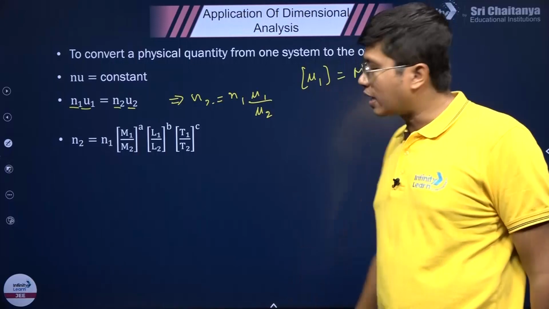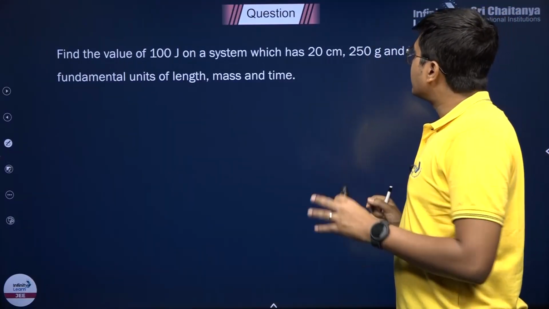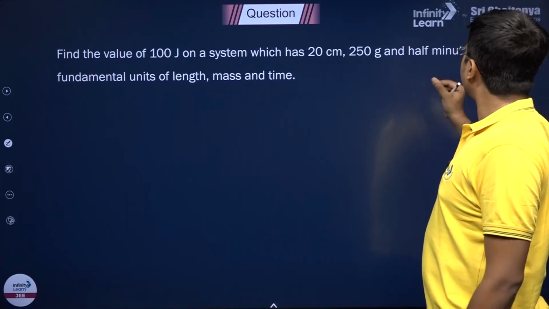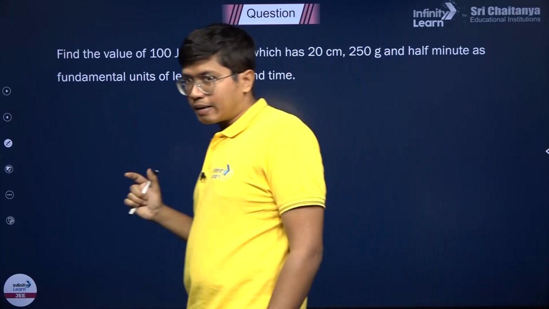Again, we'll understand this with an example. Here it says we need to find the value of 100 joules in a system which has 20 centimeter, 250 gram and half a minute as fundamental units of length, mass and time.